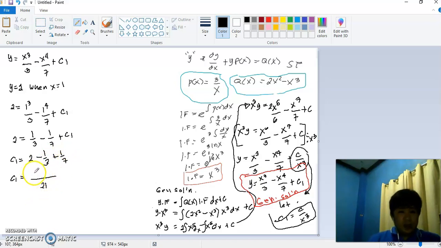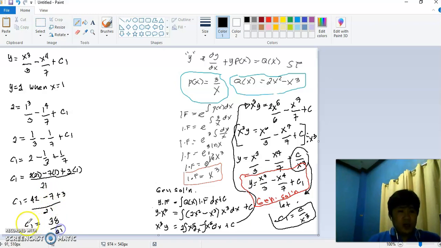So 21 divided by 1 is 21, times 2, minus 21 divided by 3, that is 7, times 1, plus 21 divided by 7, that is 3, times 1. Therefore, c sub 1 is equal to 21 times 2, that is 42, minus 7 plus 3 over 21, which is 38 over 21.